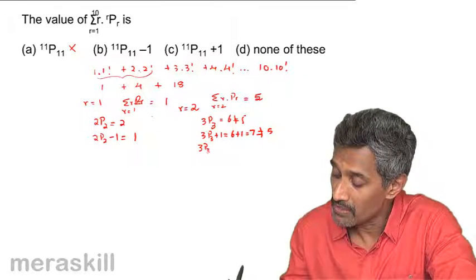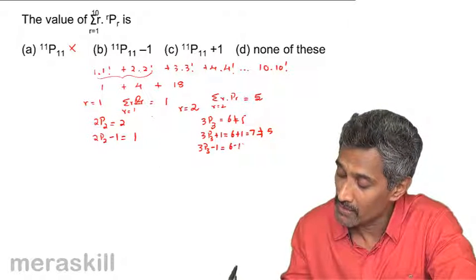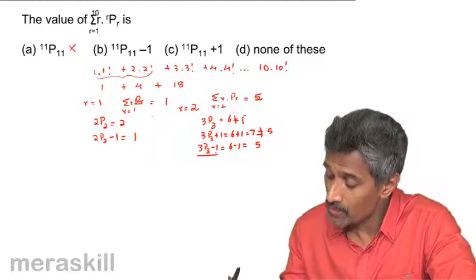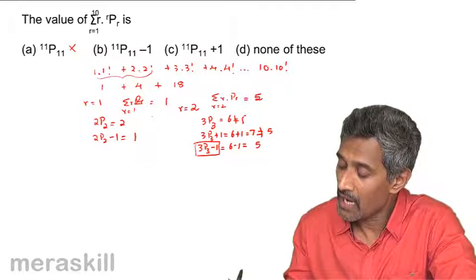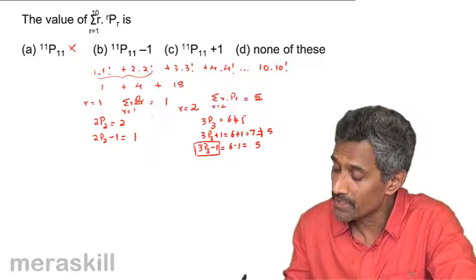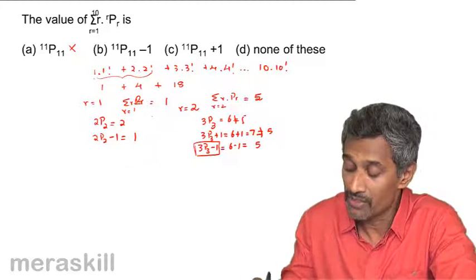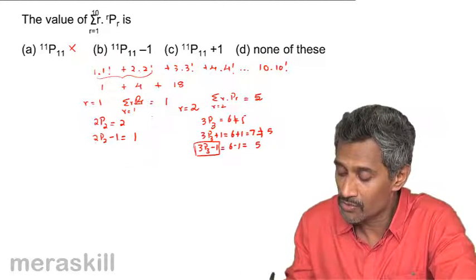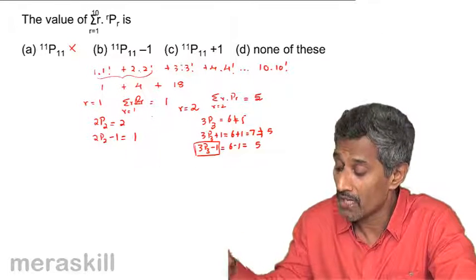But 3P3 minus 1 is 6 minus 1, which is 5. So in this case, when you're taking R as 2, the summation till R is equal to 2 is 3P3 minus 1. When you're taking R as 1, the summation till R is equal to 1 is 2P2 minus 1.